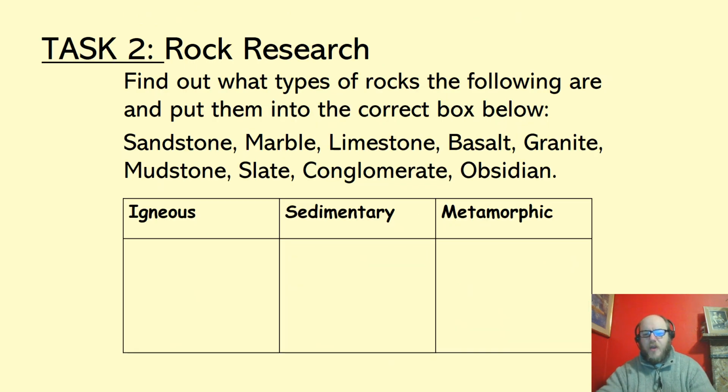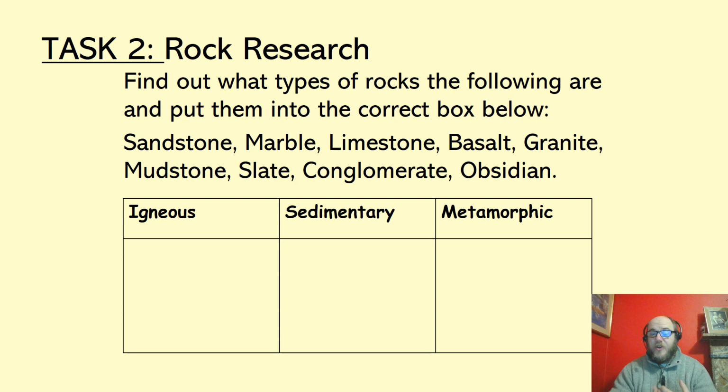Right, task 2. This one is all down to you. What I want you to do is pause the video and go off on a search engine hunt. You're going to have a look at this table. You've got 3 choices: igneous, sedimentary and metamorphic, and you have to assign these types of rock into their types: sandstone, marble, limestone, basalt, granite, mudstone, slate, conglomerate and obsidian.